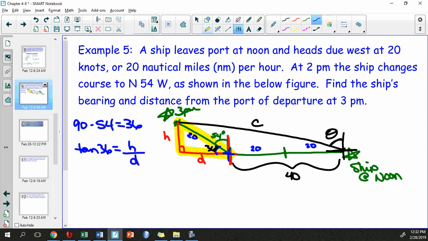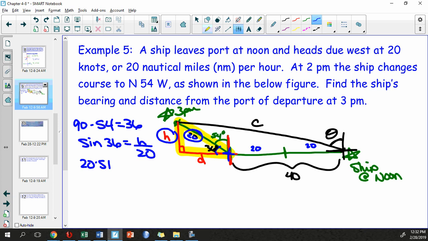Why is that not helpful? Because there are 2 unknowns. What I did not use was the 20. So instead of using tangent, what should I be using? What is the 20 according to the 36? What trig function deals with this one and with the 20? So the sine of 36 is equal to h over 20. So my height is 20 times the sine of 36. That is equal to my height. Would you agree?